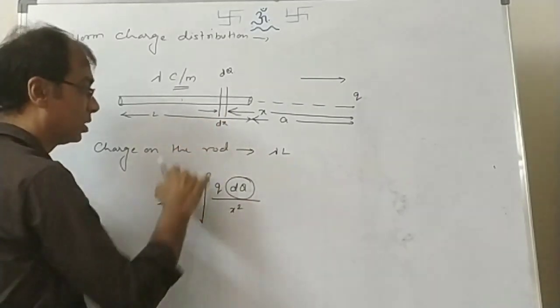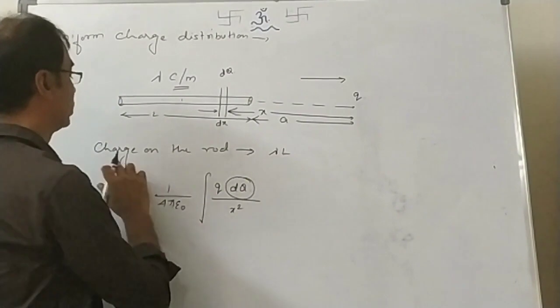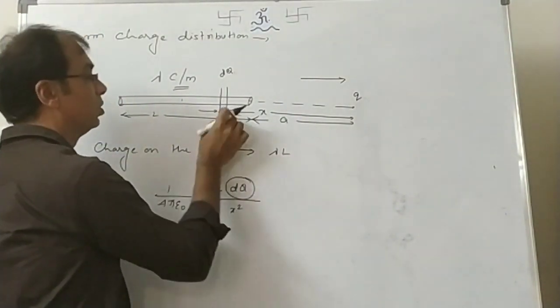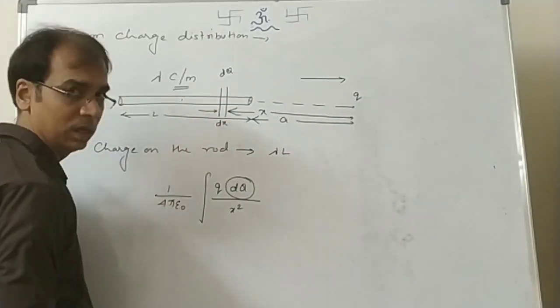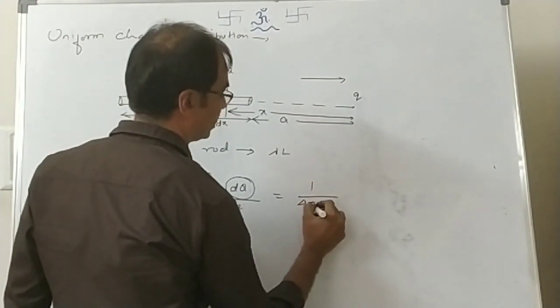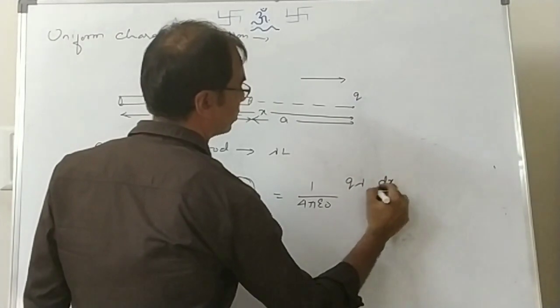So what will be the charge on this small portion? Lambda dx. Like you said that charge on the rod of L length is lambda L. So charge on the rod of length dx, how much? Lambda dx. So put it over here: 1 by 4 pi epsilon naught q lambda dx by x square.